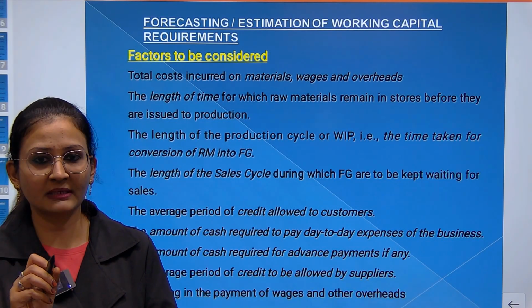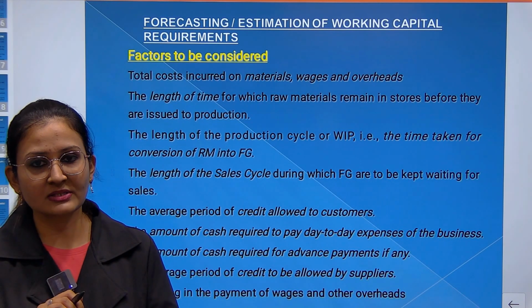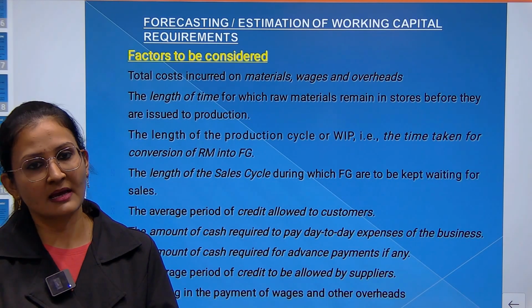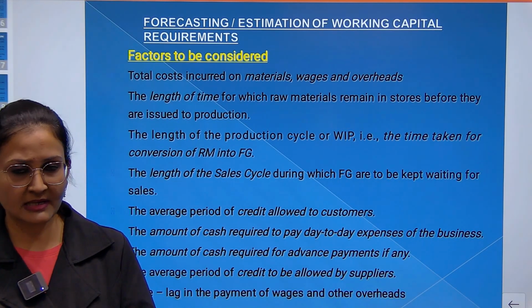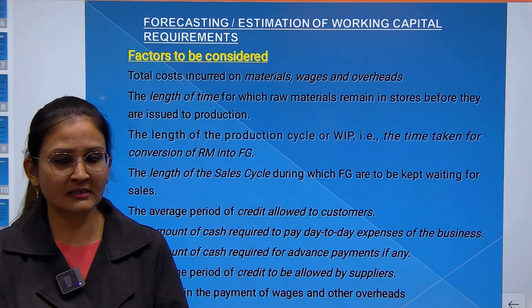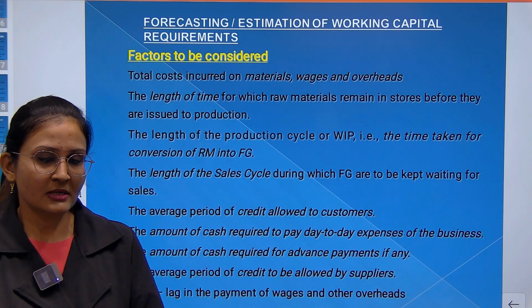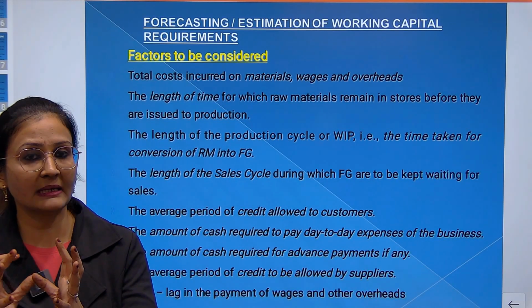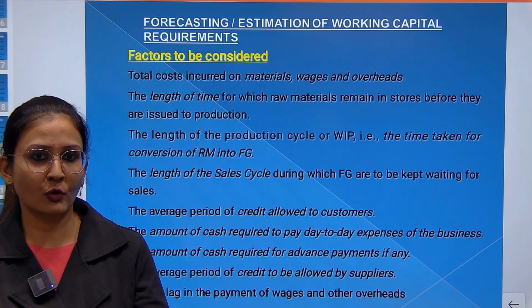Material means the raw material which you have purchased, wages, the amount that you are paying to your labor, and overheads, as I told you, factory overhead, advertising overhead, office overhead. So these are the various overheads, and you need to calculate the total cost incurred on them.